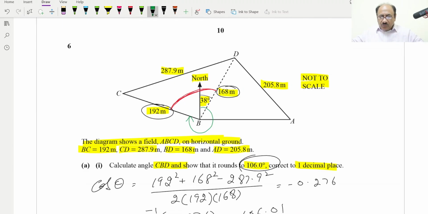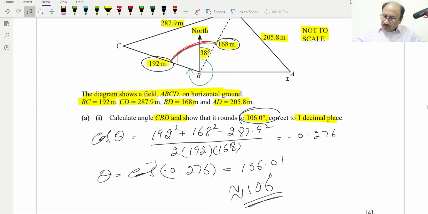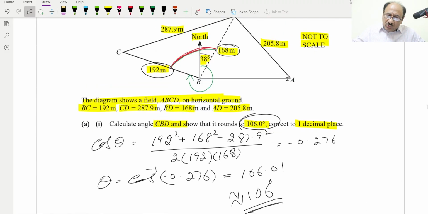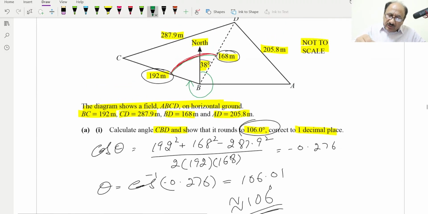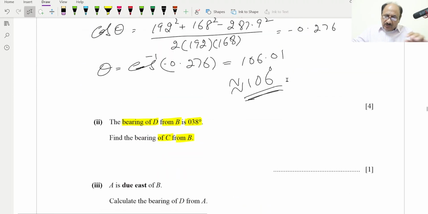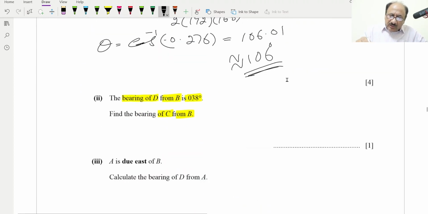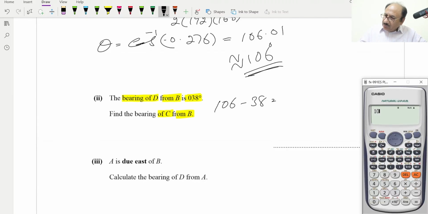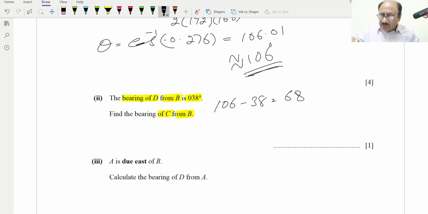We have calculated this red line angle, which is 106. So out of 106 we will exclude 38 and we will get the other angle. 106 minus 38 is equal to 68 degrees.